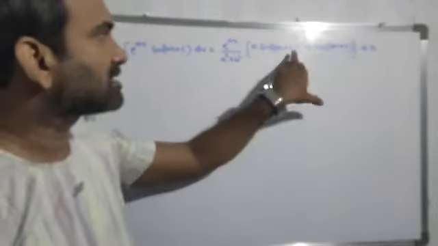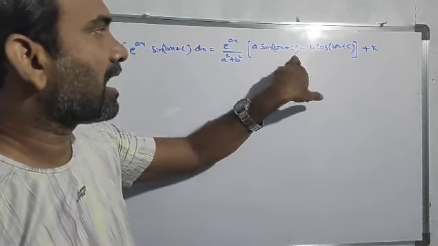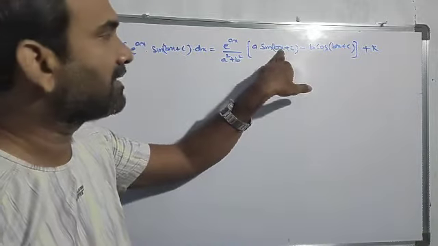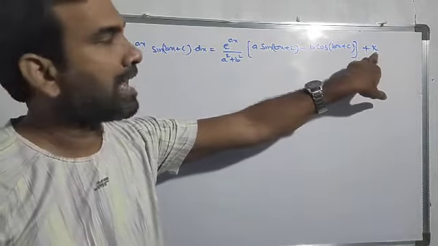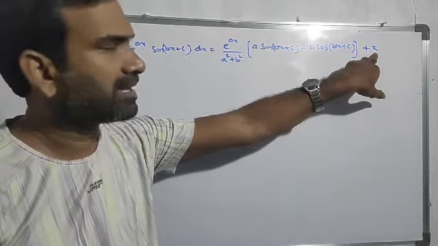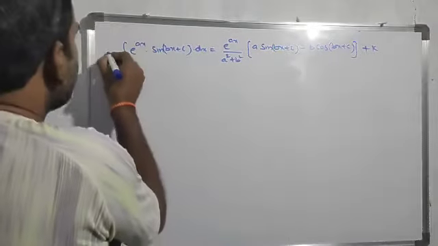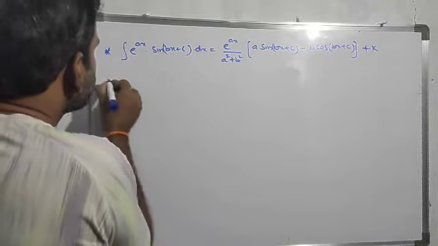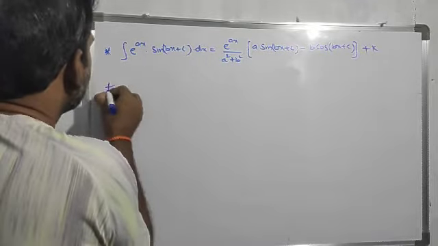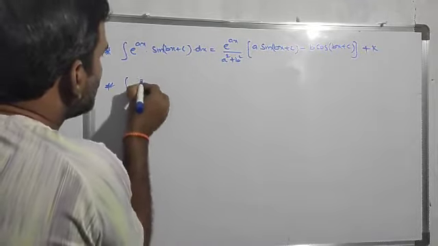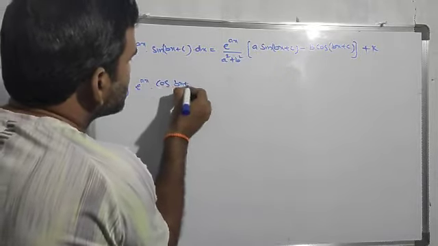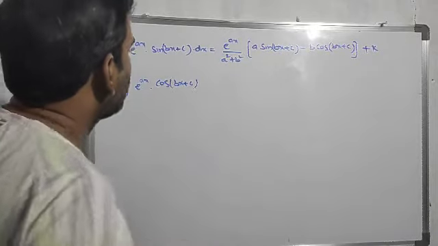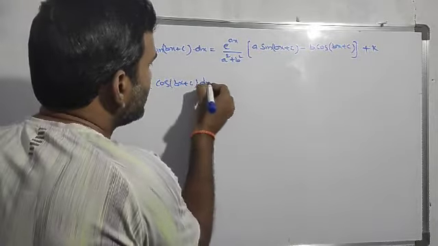Don't take c, because the letter c is already in our problem. You have to add one arbitrary constant. I am taking k as the arbitrary constant. This is an important formula. Like this you can write the other formula also: integration of e power ax into cos of bx plus c into dx.